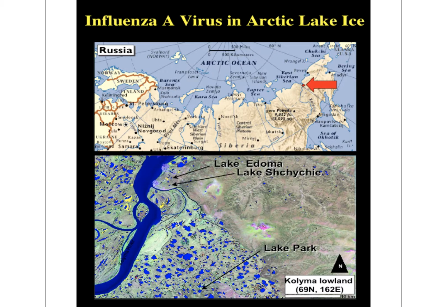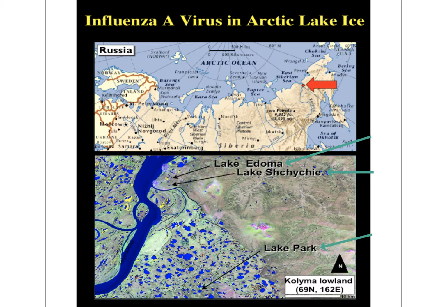We were lucky enough to get some samples from Siberia, from 3 lakes that freeze in the winter. They're frozen for about 6 months of the year, and then thaw out, and they're areas where birds come back every year. So there's Lake Adoma, Lake Shichichi, and Lake Park.